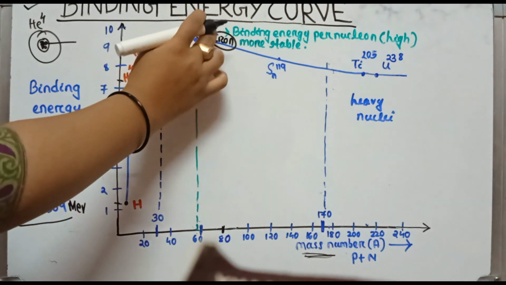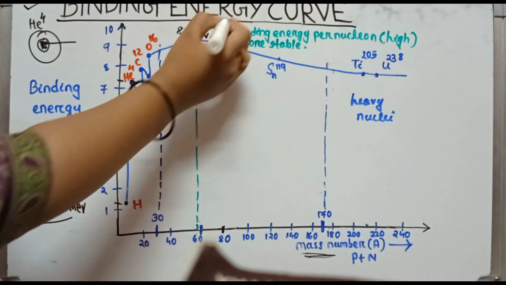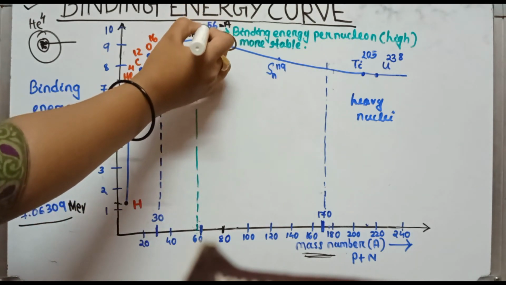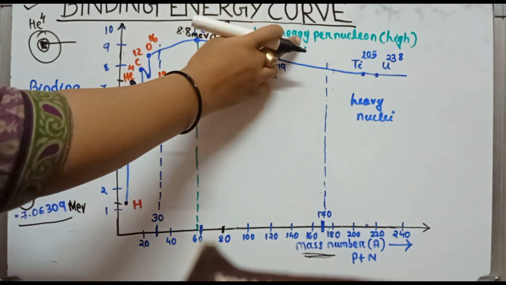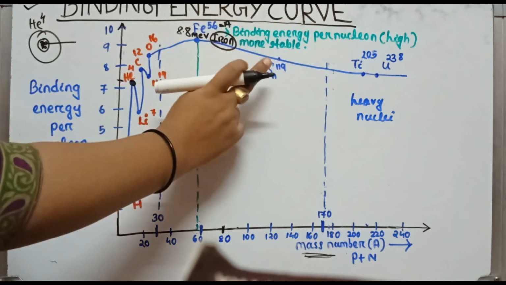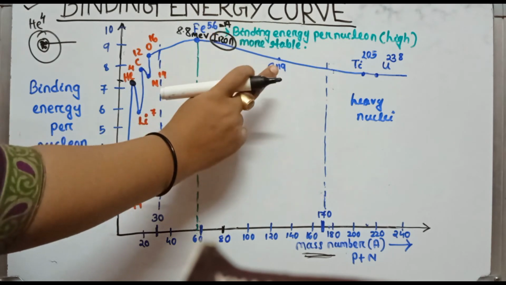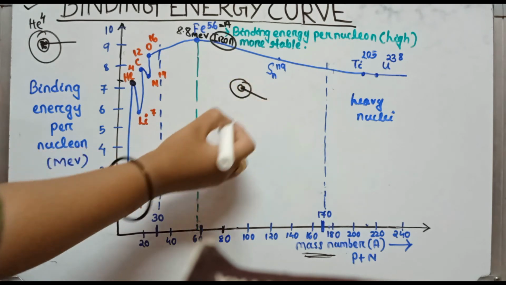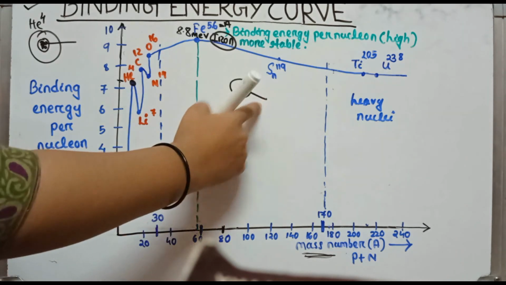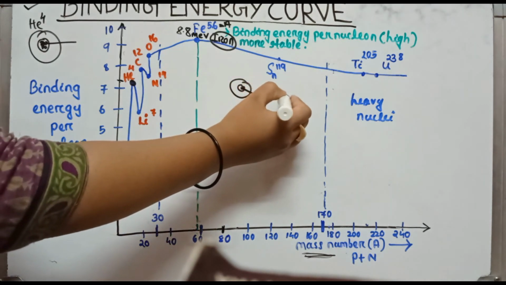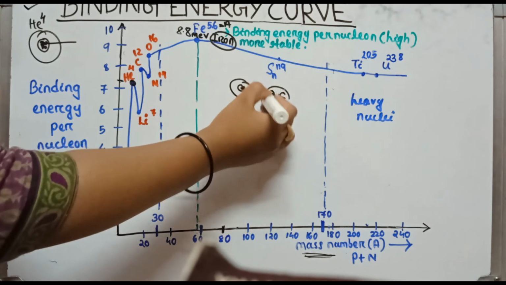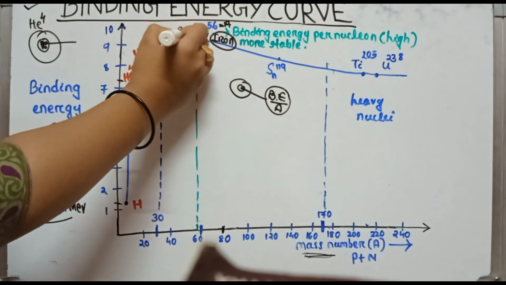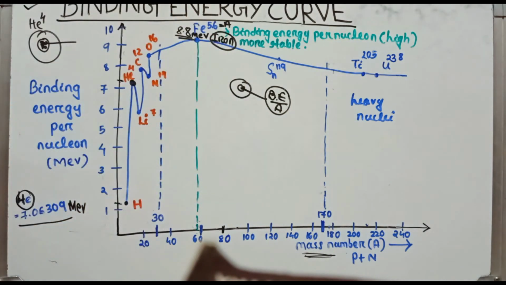Iron has mass number 56, and in that case the binding energy per nucleon, that means the amount of energy required to release one nucleon from this nucleus, is maximum for iron, that is 8.8 megaelectron volt.